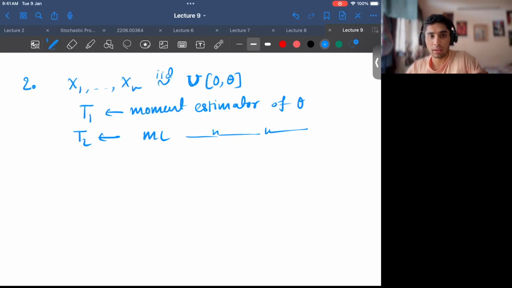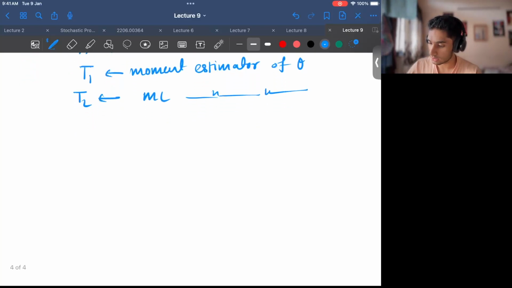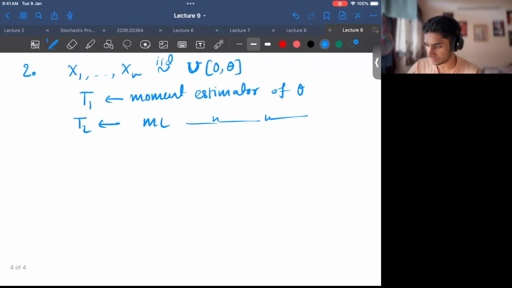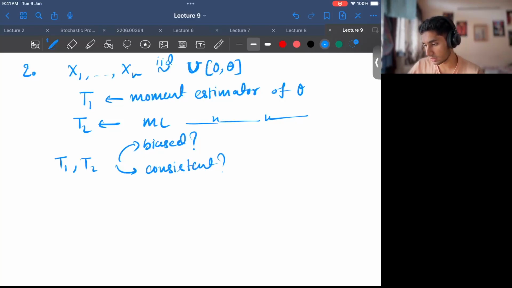You are asked whether T1 and T2 are biased or not, consistent or not.